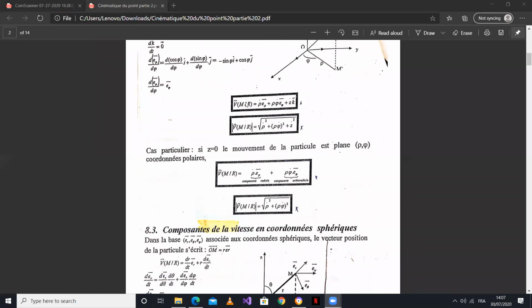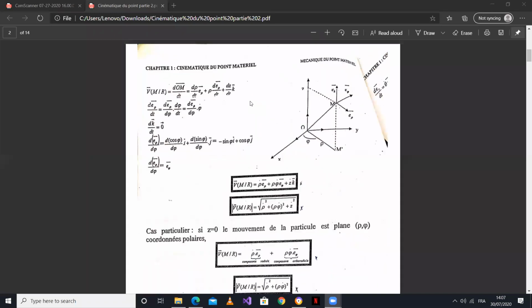So you say the velocity of the point M in the frame R. Yes, I did not mention this. Thank you for the remark. We're studying the point M in the frame R. So you say the velocity of the point M in the frame R. Thanks. You're welcome.